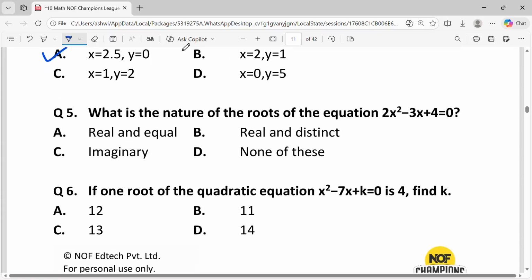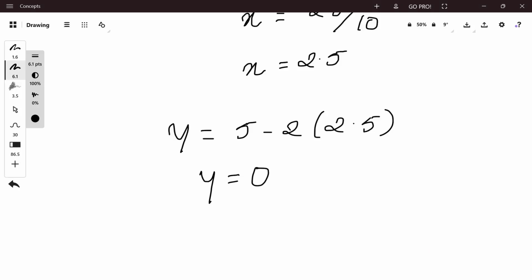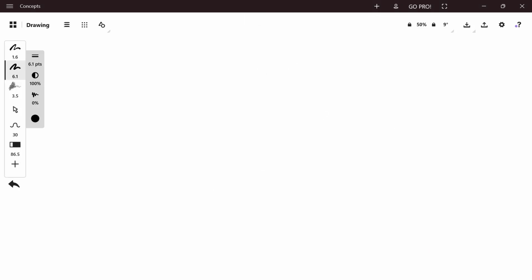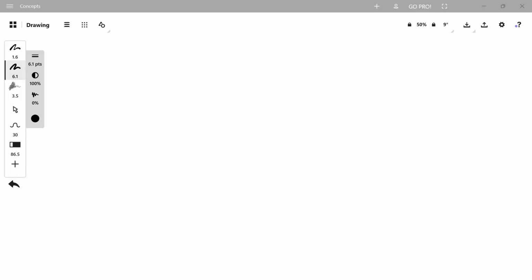Question 5. What is the nature of the roots of the equation 2x² - 3x + 4 = 0? For a quadratic equation ax² + bx + c = 0, the discriminant is Δ = b² - 4ac. The coefficients are a = 2, b = -3 and c = 4.